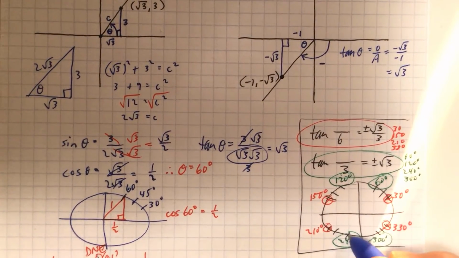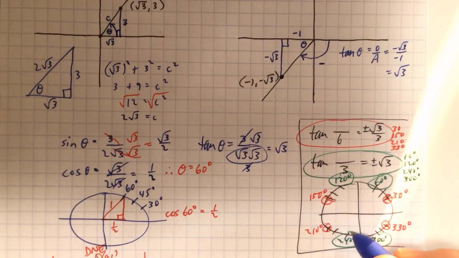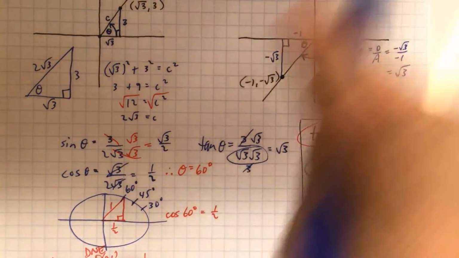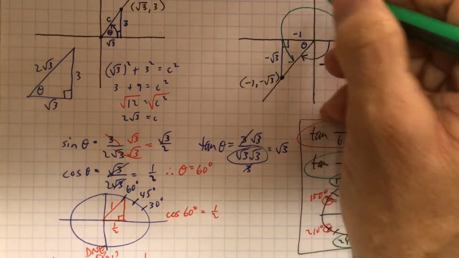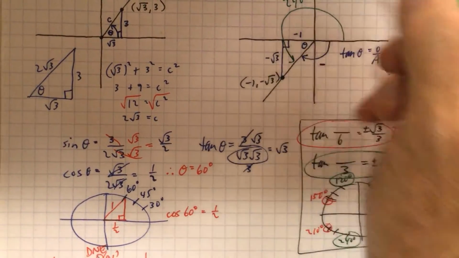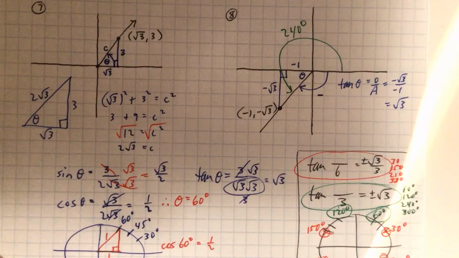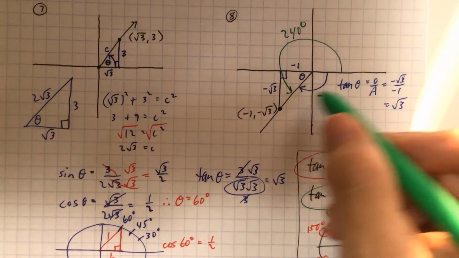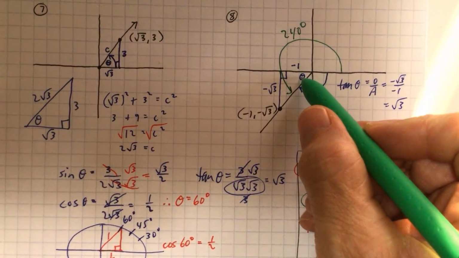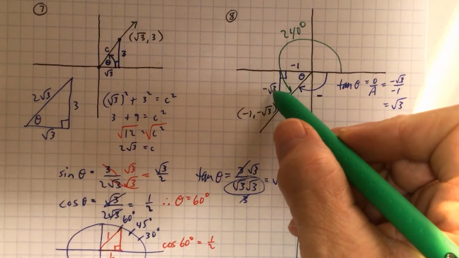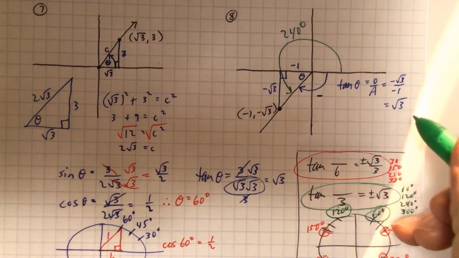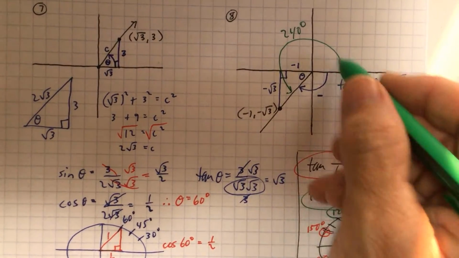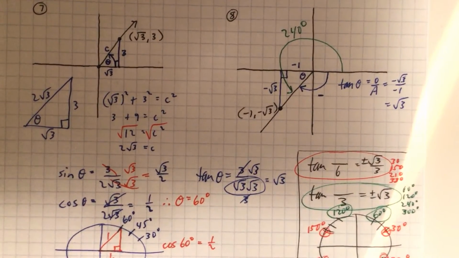Okay, so the radical 3 ones, we know that's a green angle. That's right there. So we know that from here to here, let's use green, it's in the third quadrant, so that's going to be 240 degrees. Because we know the tangent of the angle right there is the opposite, negative radical 3, over the adjacent, -1. So if the tangent is radical 3, then that angle has to be 240, like we just talked about.